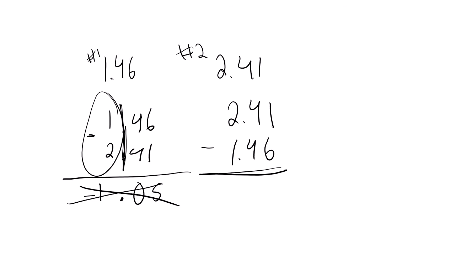We have a number here, so we bring this, turns it into a 3, 11, 5. We need help again. We get a 1, make this a 13, which makes this a 9. Decimal always stays the same. That becomes a 0, and that is our answer. It is that simple.